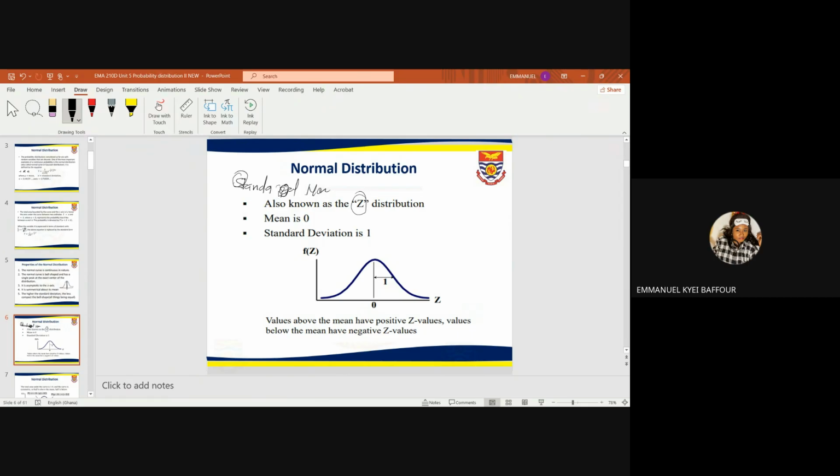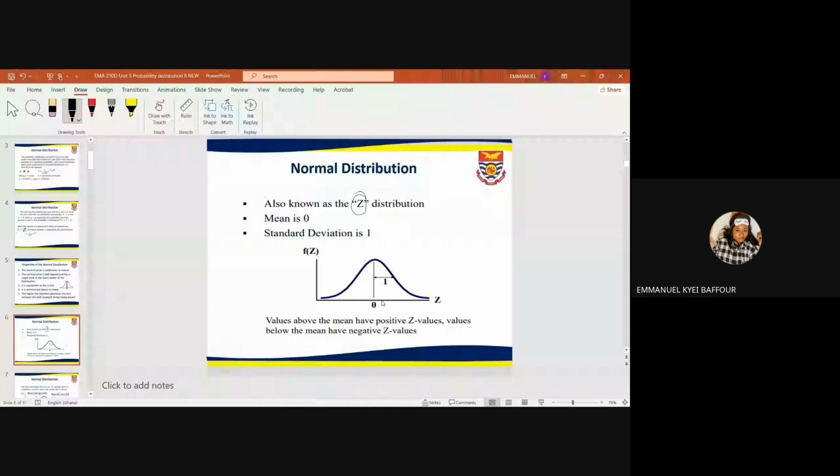It's not anything abstract. So the mean is 0. If the mean is 0 and the standard deviation is 1, then your mean will be at the center, and from the center to the end of this side represents your standard deviation.